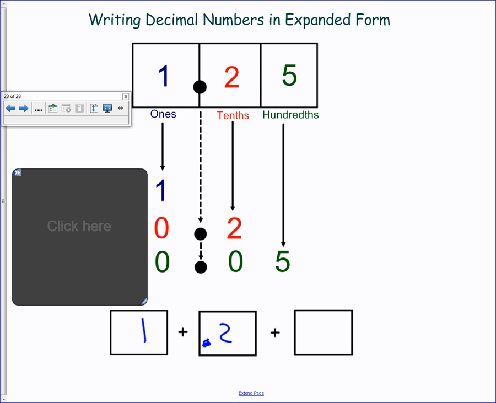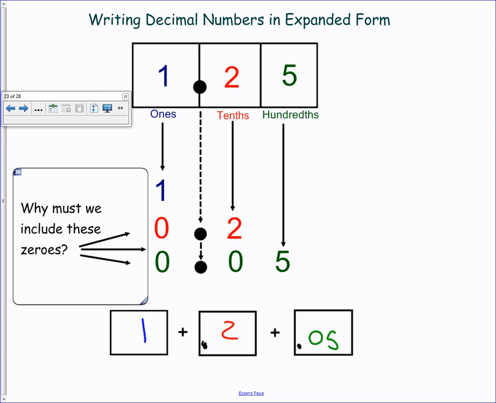I should use red because they used red. Plus 5. Now, they want to know, why do we include the zeros there?